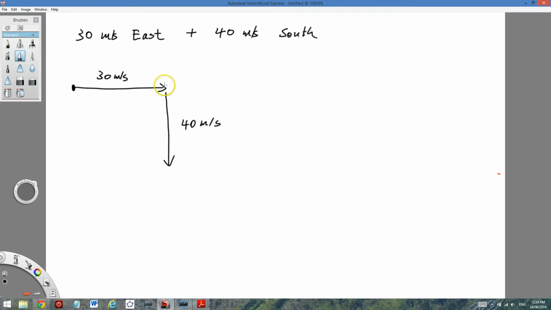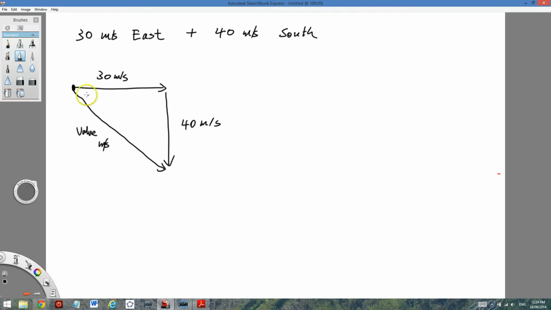Traveled 30 meters per second east, 40 meters per second south. So as a result, it travels this direction.